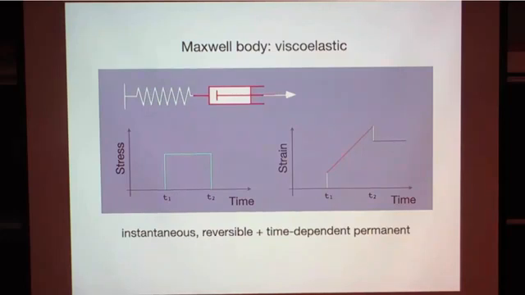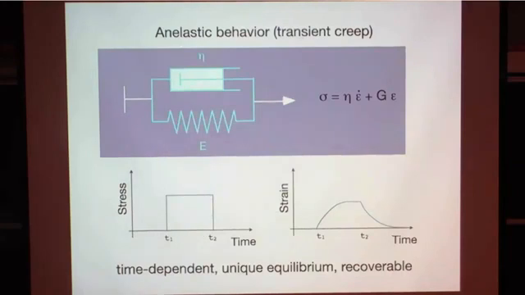So that's the key part of this anelastic, transient creep behavior: you have time-dependent but recoverable strain. The strain in the elastic case is not time-dependent, it's instantaneous for our purposes. And the viscous strain is not recoverable. Here you have it both: time-dependent with a unique equilibrium state depending on the spring, and recoverable.